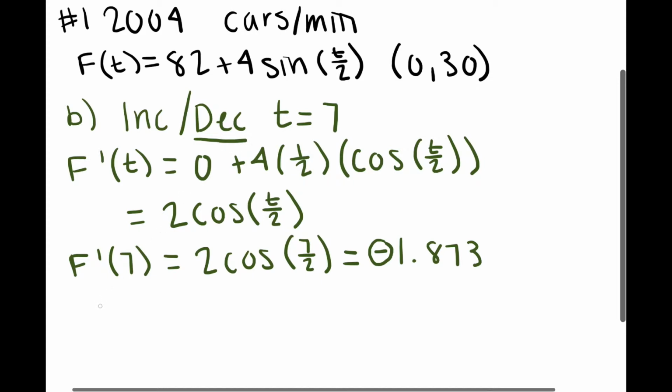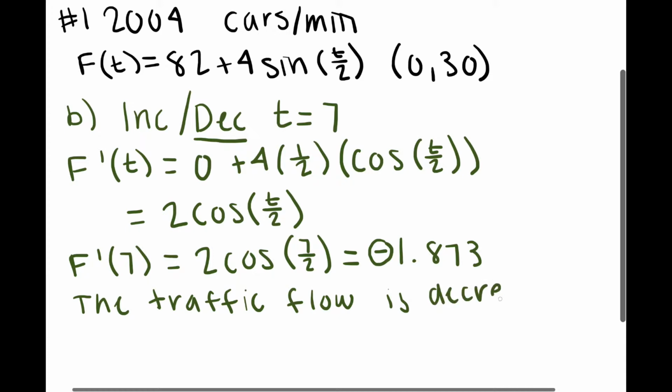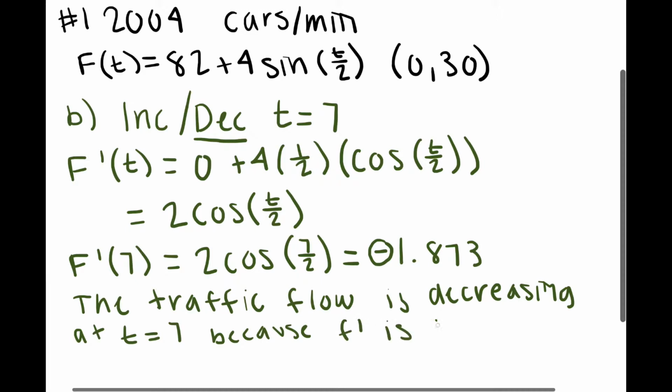Now, to give a reason for your answer, you will write the traffic flow is decreasing at t equals 7 because f prime is negative.